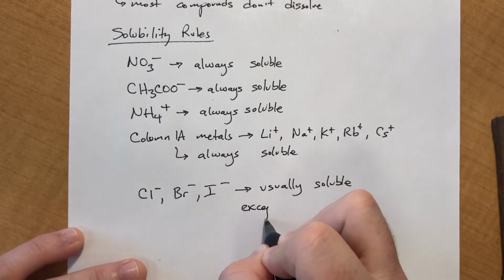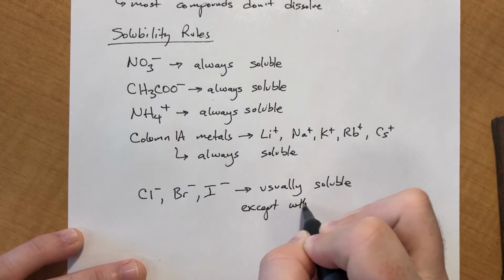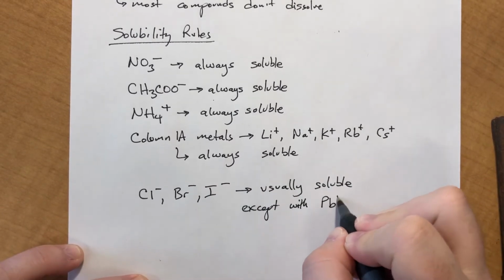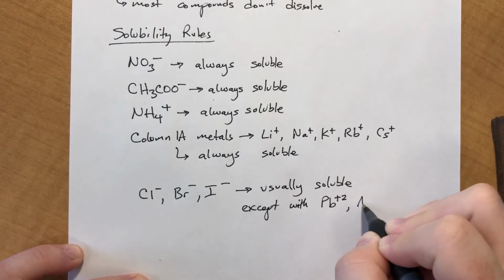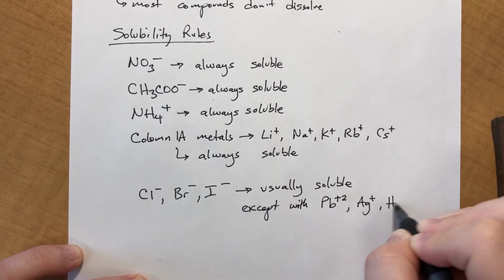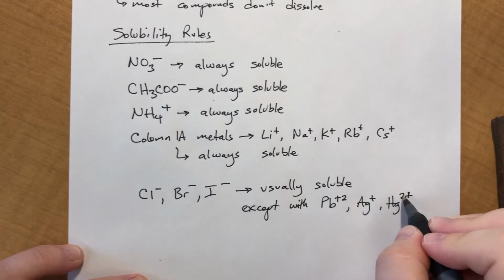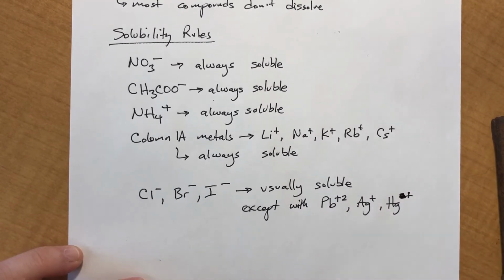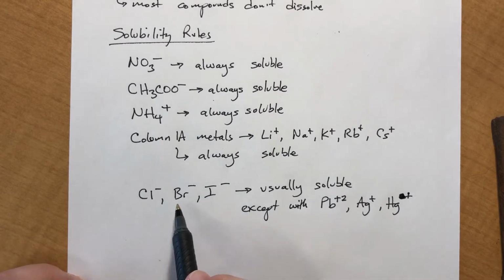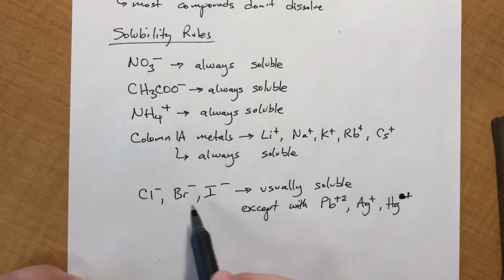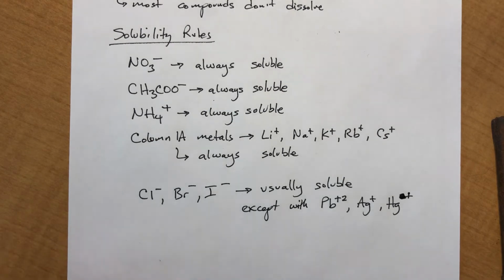And the exceptions are lead, silver, and mercury. Oh, actually that's mercury plus 1. So if you had something like iron bromide, that would dissolve, but if you have lead bromide, it will not dissolve. It'll be a solid. It will not become aqueous.